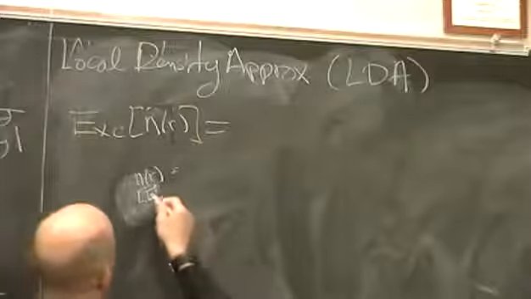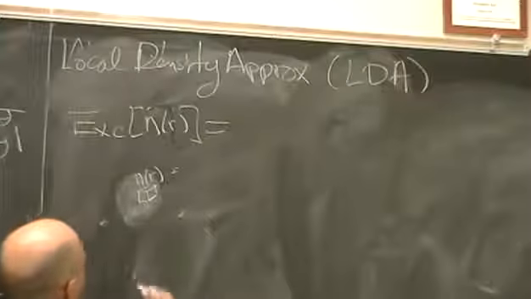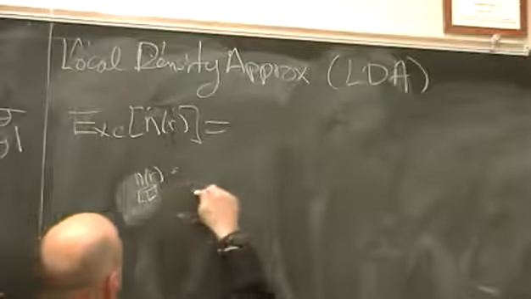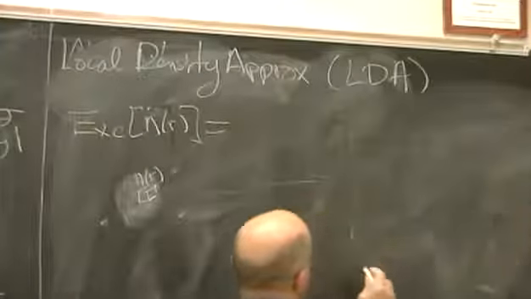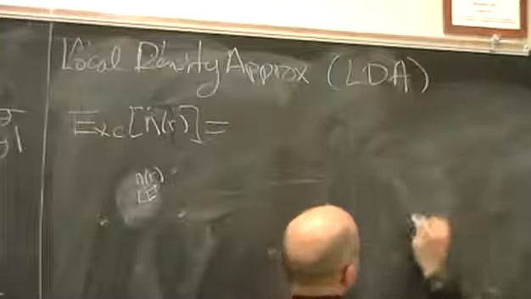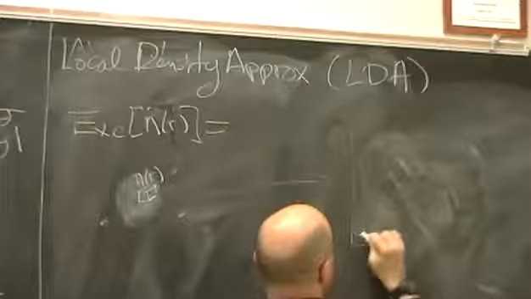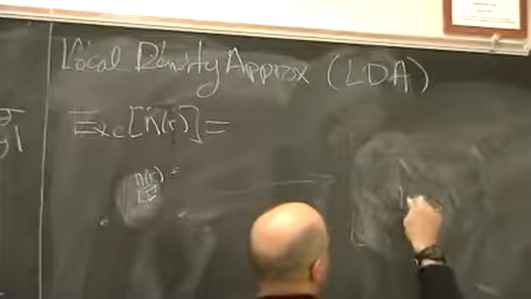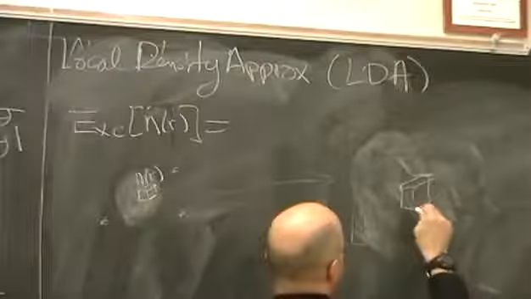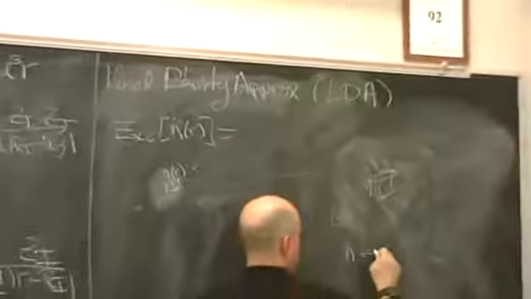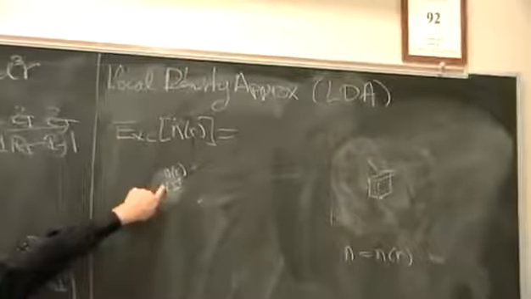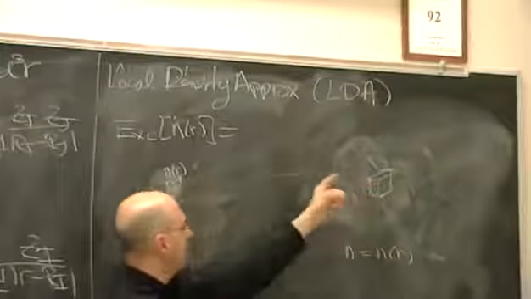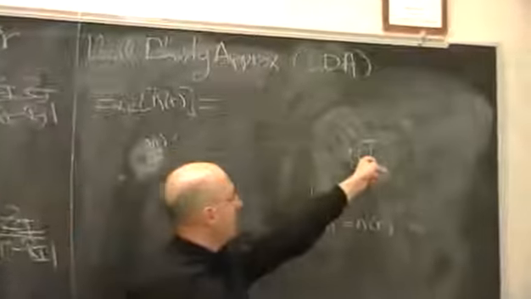Then I take that little chunk of electrons out of that molecular environment, and I insert it into a system where the electron density is constant and happens to have exactly the same constant density equal to the density where that box came from. So it's the same box that I had before, just now it's in a different environment.